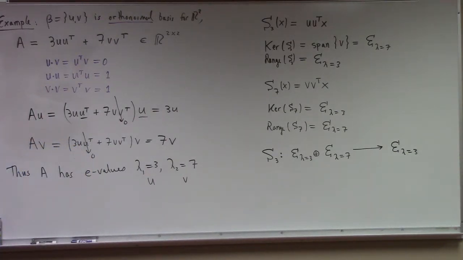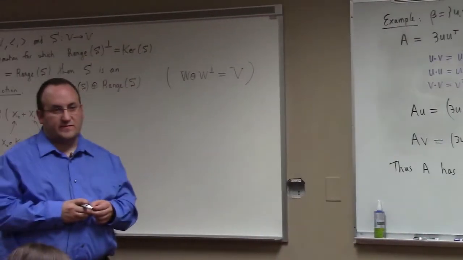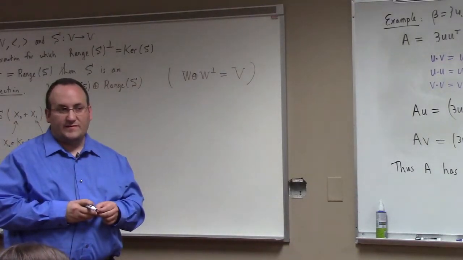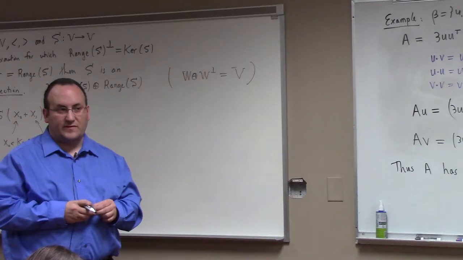And likewise for S7, it maps to the lambda equals 7 eigenspace. Both S3 and S7 are examples of orthogonal projections. So we can build orthogonal projections from an orthonormal basis. If you give me an orthonormal basis, I can use it to build orthogonal projectors. It's pretty easy.